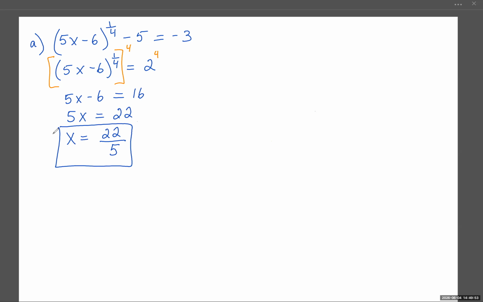And we'll do it one more time. Very similar expression to start with. 6x plus 15 to the 1/4 power, plus 7, equals 4. Subtract 7 from both sides, and we get negative 3.